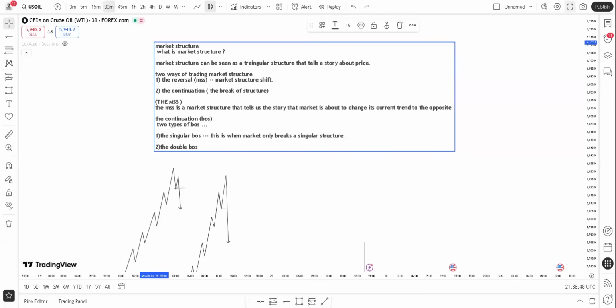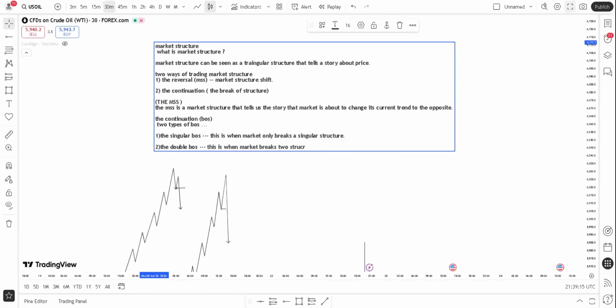All right, let's continue. Now, the second structure that we have is the double break of structure. This is when what? From the name now, two structures.